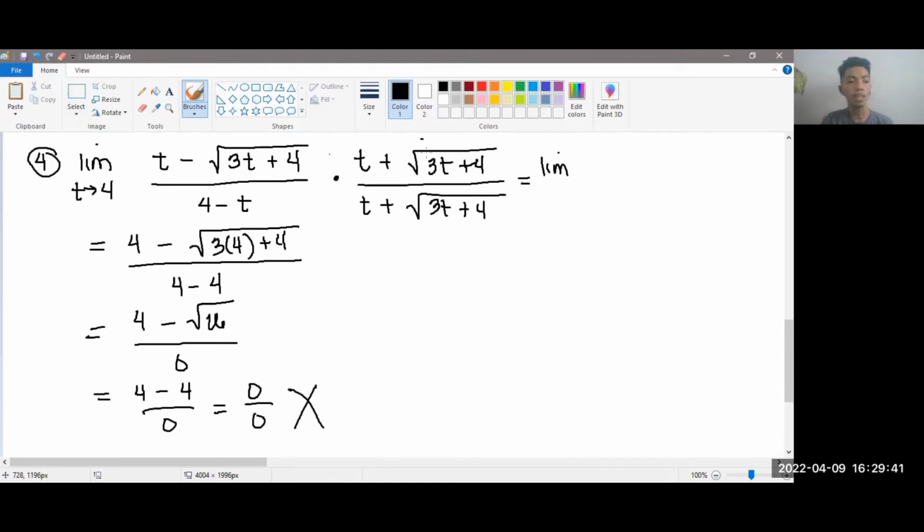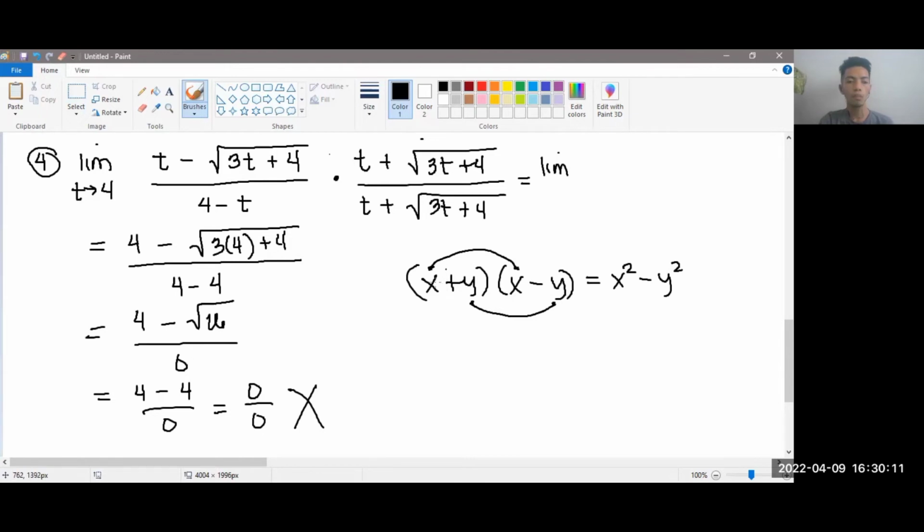Kung natatandaan nyo sa special product, okay, special product to ng x plus y, kapag minultiply natin sa x minus y, it will be x squared minus y squared. What do you mean by that? Yung first term, minultiply lang sa first term nung kabila. And then yung second term dito, minultiply lang sa second term ng kabila. At since positive times negative is negative, then it will be minus.